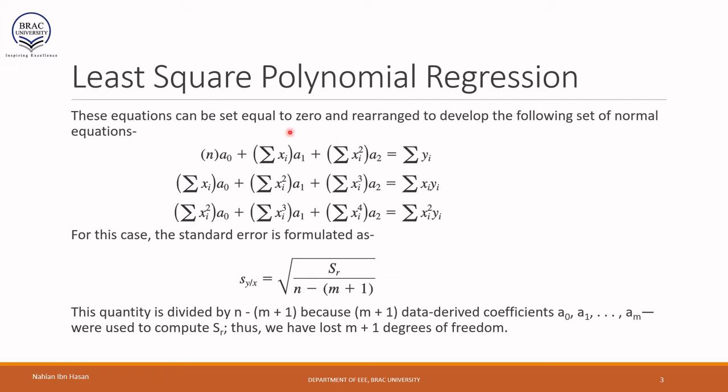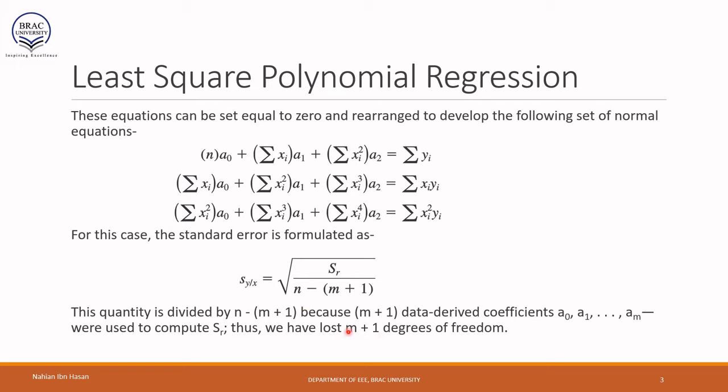Similar to linear regression, we can determine a standard error, which denotes how much the fitted line deviates from the true values. That is S_y/x. This is denoted as the square root of S_r divided by n minus (m plus 1). S_r is the error term, the summation of the squared errors, and n is the number of data points.